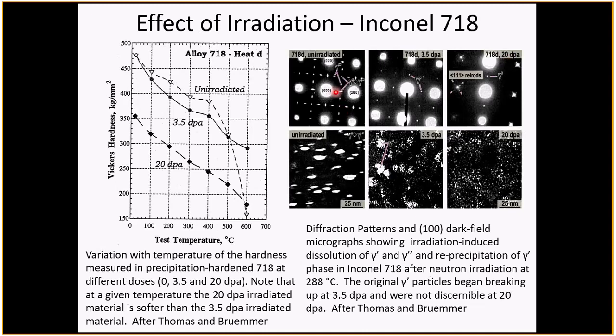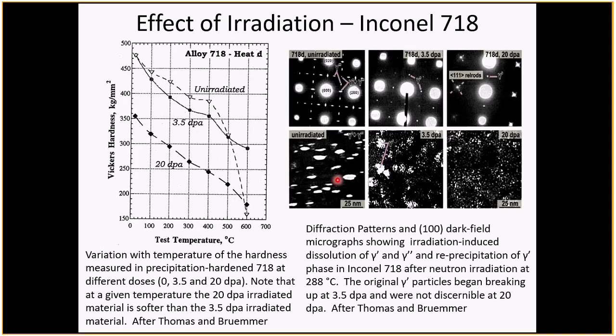So not only is radiation taking away this ordering effect, so you're essentially losing the hardening that comes about from having this ordered solid solution. There's another factor, which is compositional.